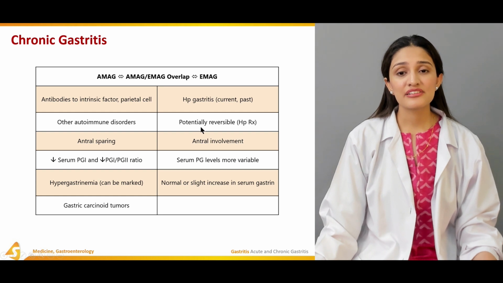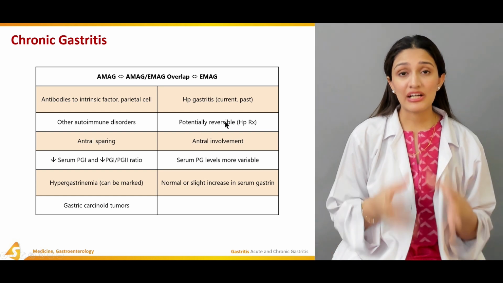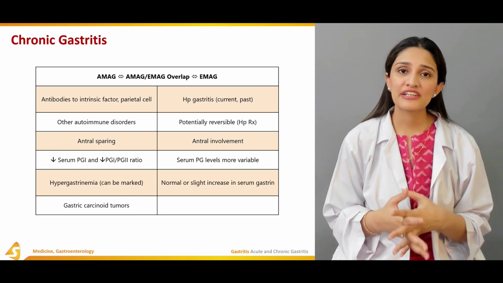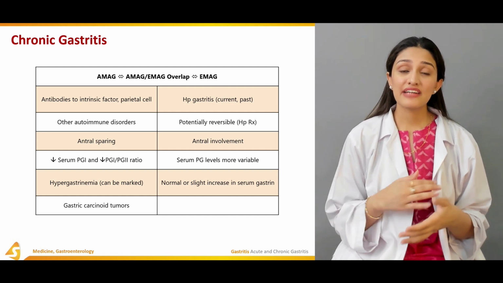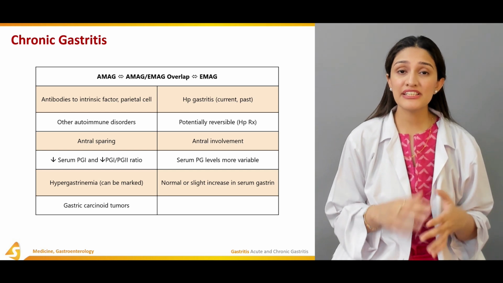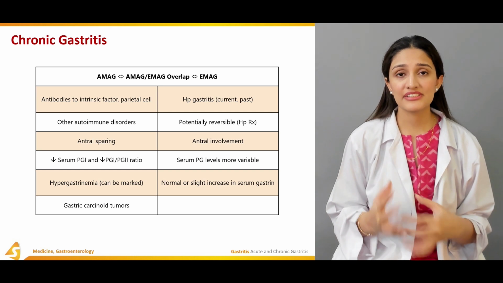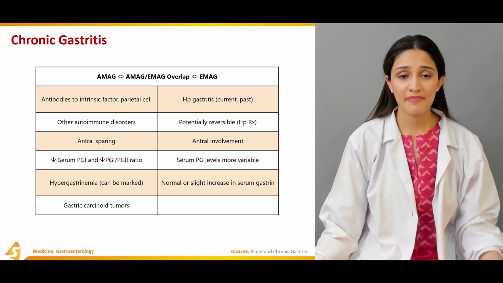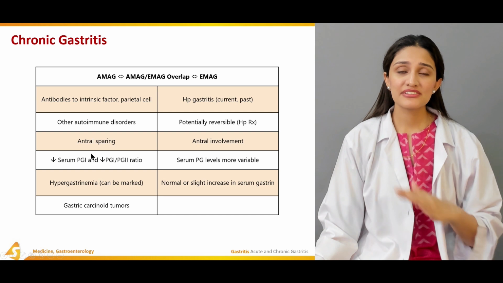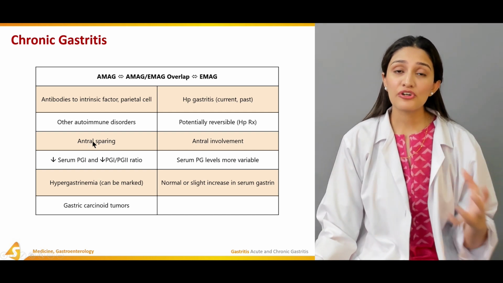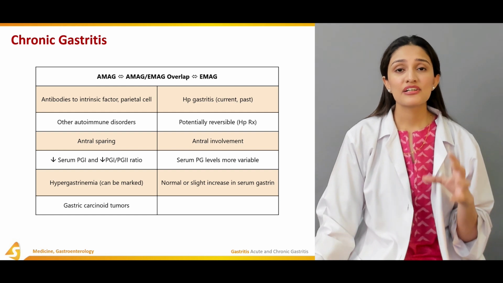The environmental atrophic gastritis is more related to Helicobacter pylori infection, so eradication and complete treatment of this infection can cause a reversal of this type of gastritis.